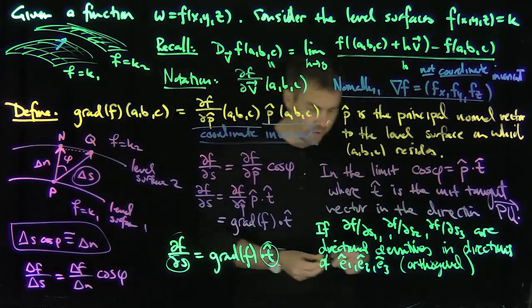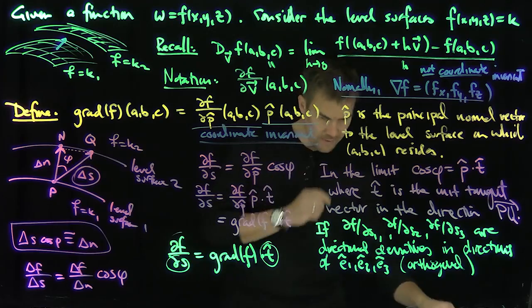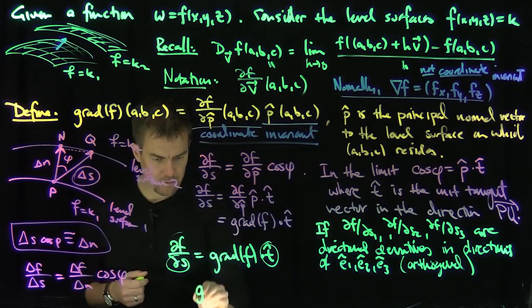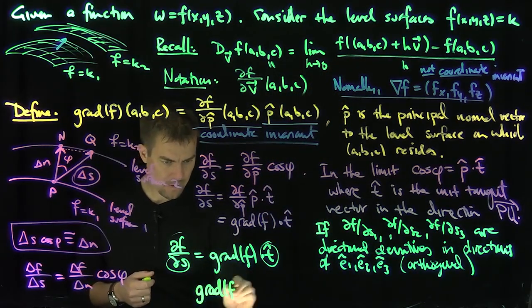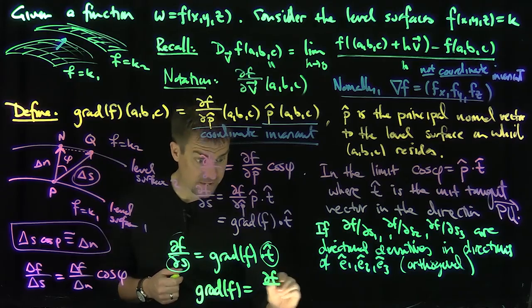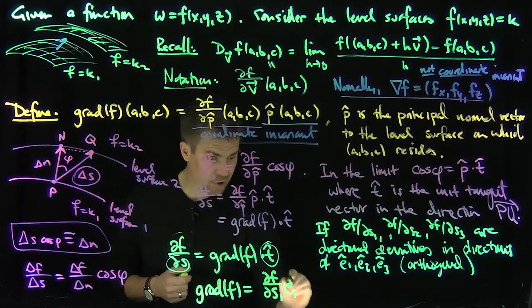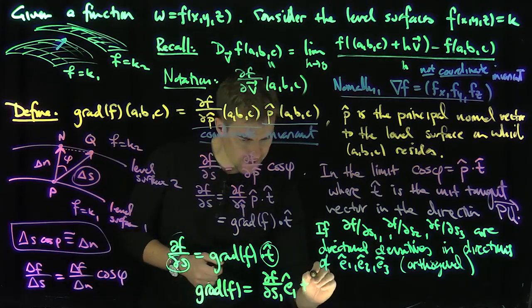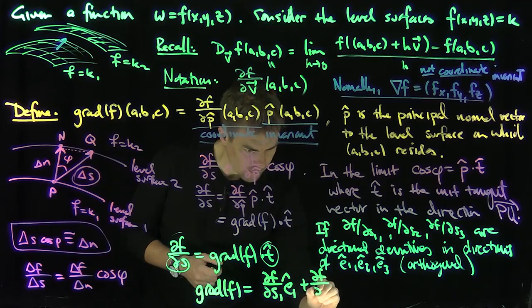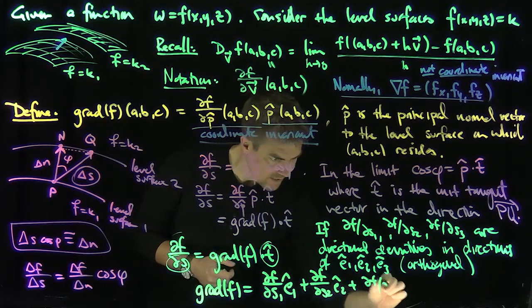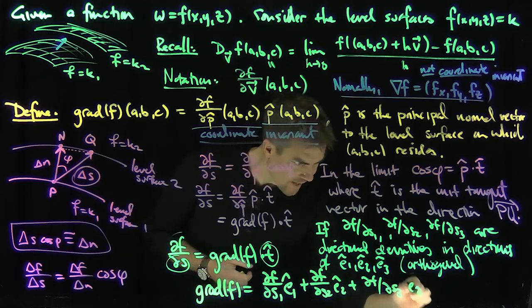Then we can use this relationship over here to get the following formula: that the gradient of f is df ds1 in that first direction, E1 hat, plus df ds2 E2 hat, plus df ds3 E3 hat.